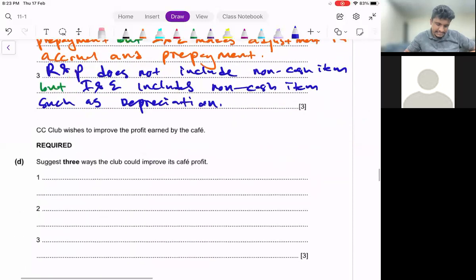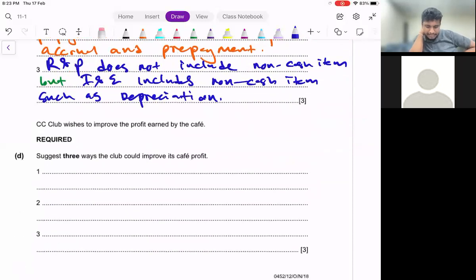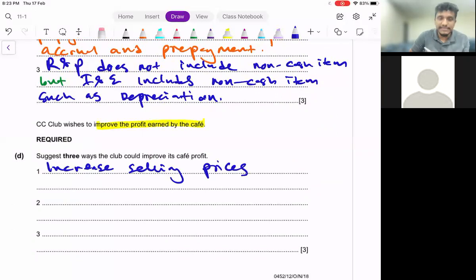Okay. Next one, the question: CC Club wishes to improve the profit earned by the cafe. Everybody wishes to improve the profit. Suggest three ways which could improve the cafe's profit. First one, of course, you can increase your selling price. If you increase your selling price, your profit will increase, but it may give an adverse effect also. Sometimes the price is too high, later the customer will run away.